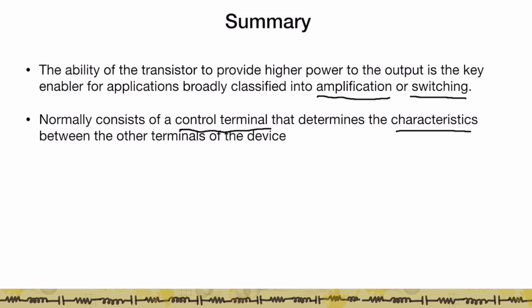So electrically you are able to control how 2 other terminals on the device look, and that gives you a key to cascade such systems so that one output controls the input of the next stage and so on and so forth. So you start to create larger systems where information flows from one end of the system to the other, and you're able to create logical systems as we go forward.